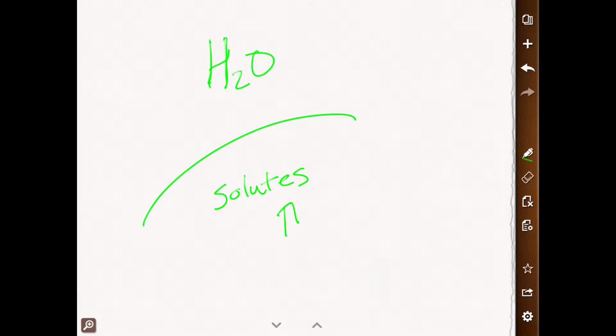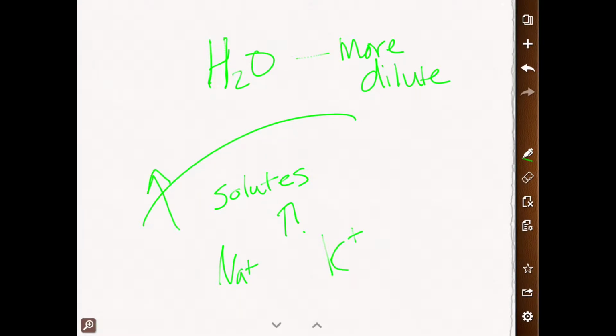This area outside is more dilute than the area inside. Now, these solutes, specifically sodium and potassium, are not readily able to cross the membrane passively. What I'm saying is they can't diffuse.